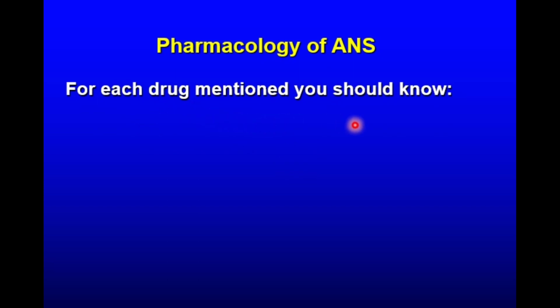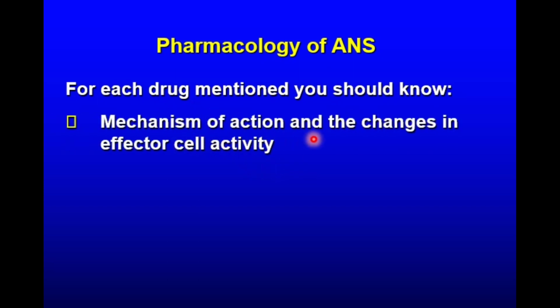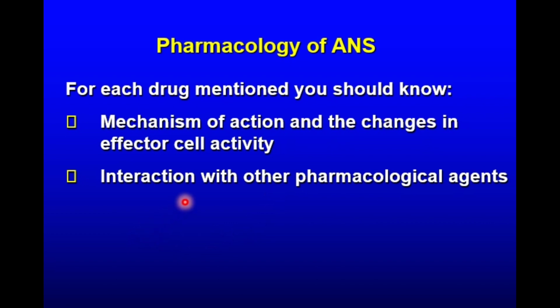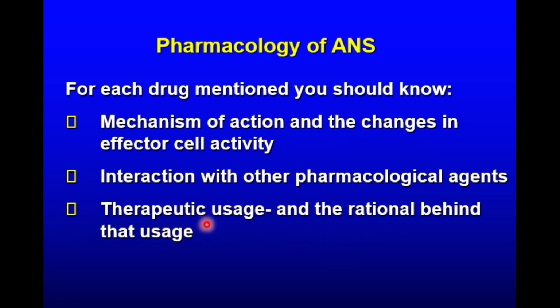For each drug mentioned, you should know the mechanism of action and the changes in effector cell activity, interaction of that drug with other pharmacological agents, therapeutic usage and the rationale behind that usage, and of course some side effects of the drug.